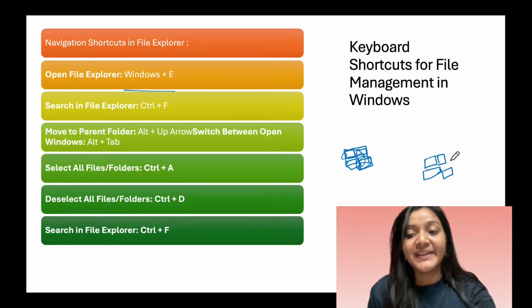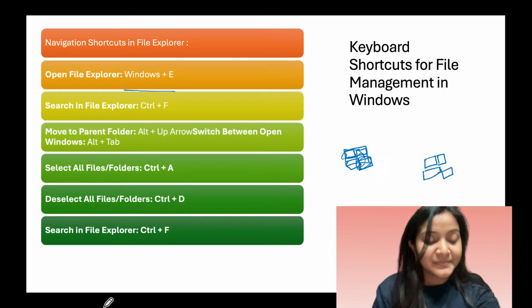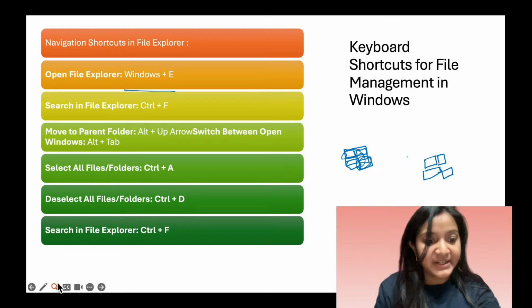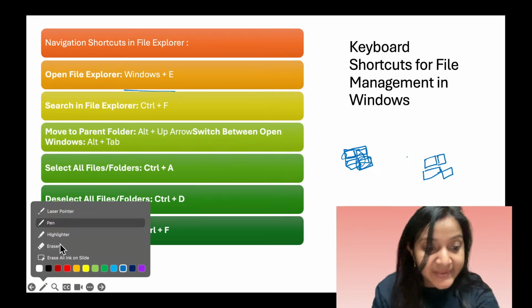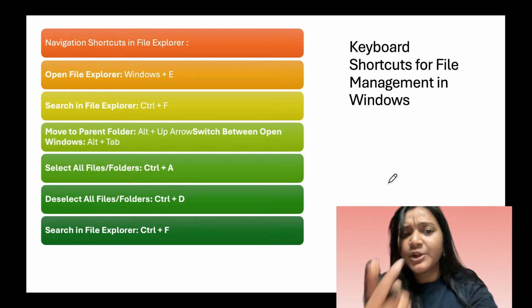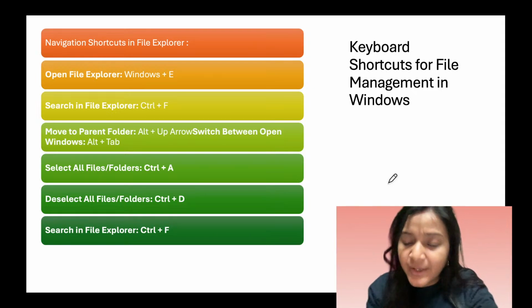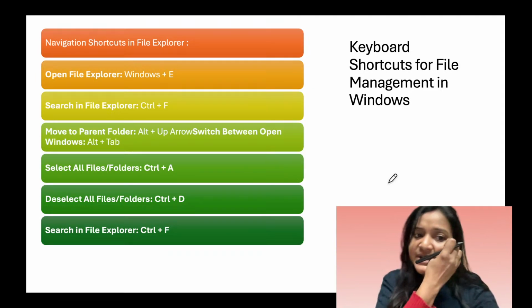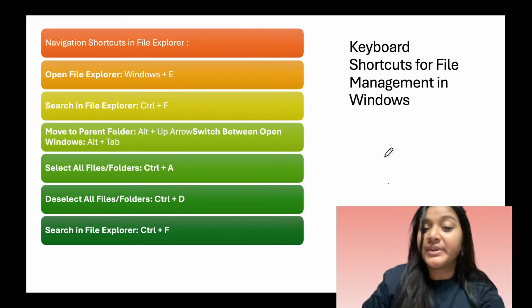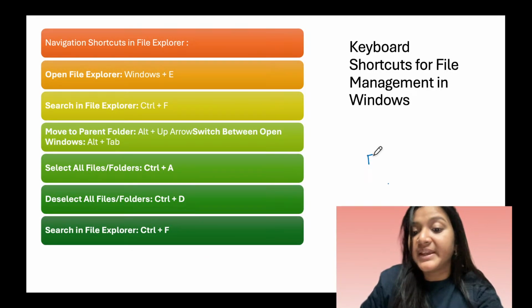Right? So this Windows key, I'm not able to delete. This Windows key is for performing certain options. Windows key is also associated with many shortcuts. In many shortcuts you will see that you have to press the Windows key directly.